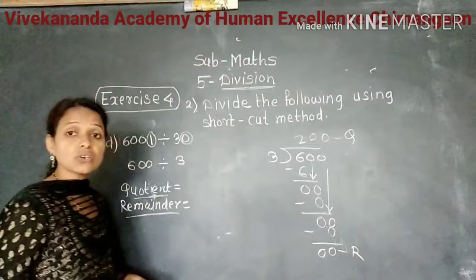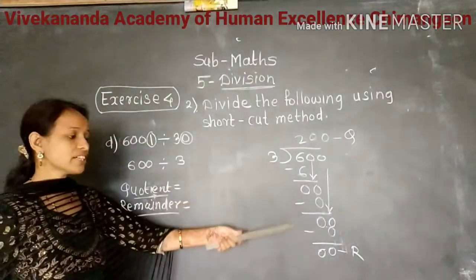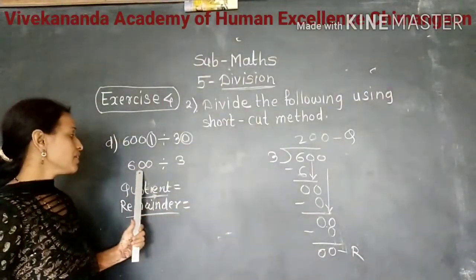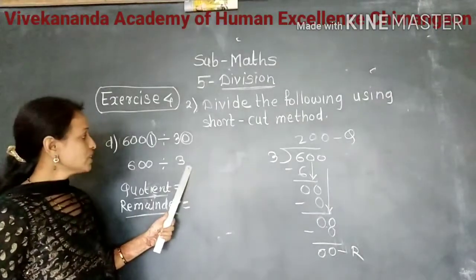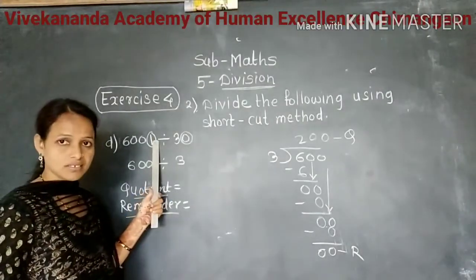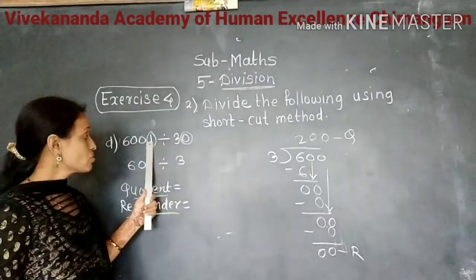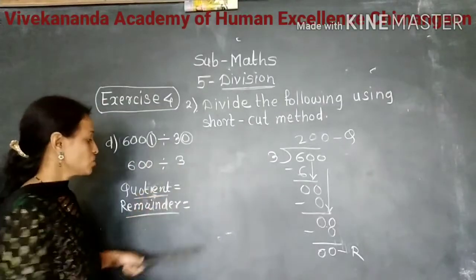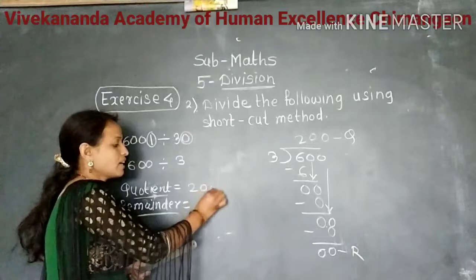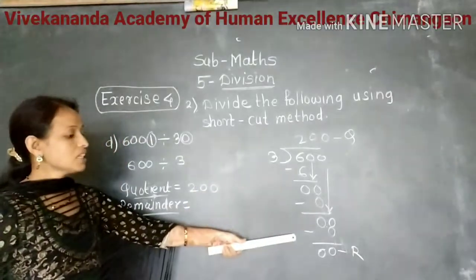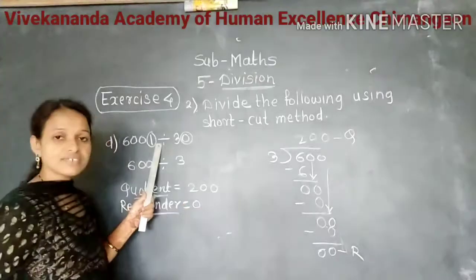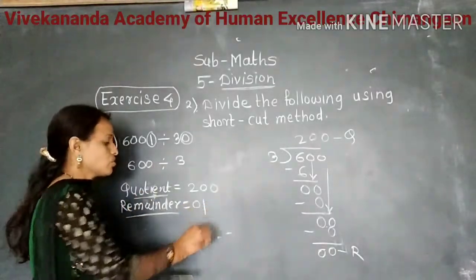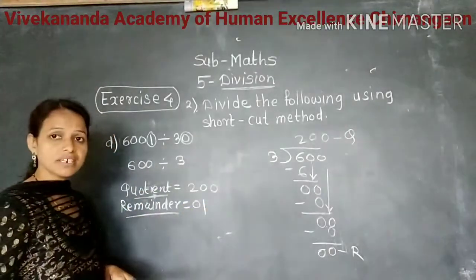Okay. This quotient and remainder we got after dividing 600 by 3, but we want the quotient and remainder of the original division. So the required quotient is 200, and for the remainder, here the remainder is 0 and the digit removed from the dividend is 1, so the required remainder is 1.